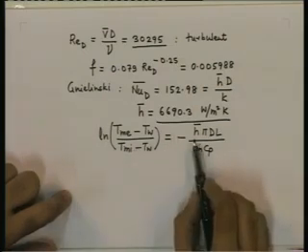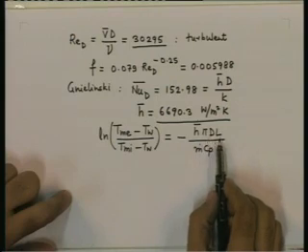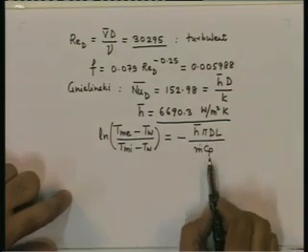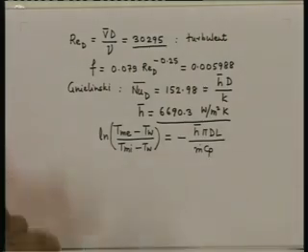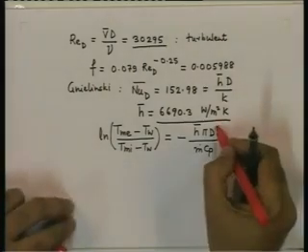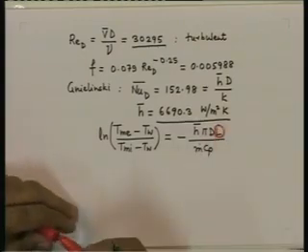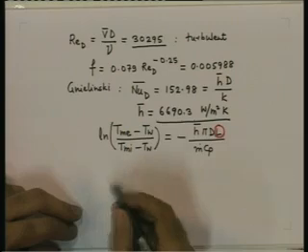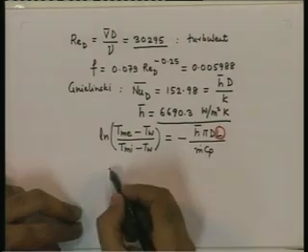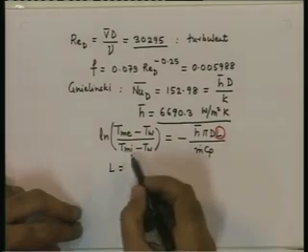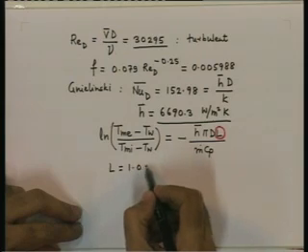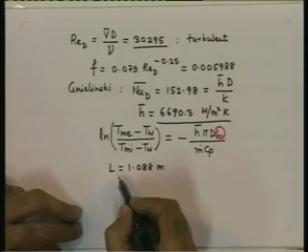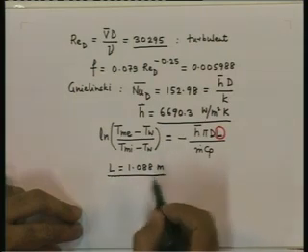We have determined h bar, we know d, we know m dot, we have determined Cp, L happens to be the unknown. So, solving this equation for L, we get L to be 1.088 meters, nearly 1.9 centimeters.